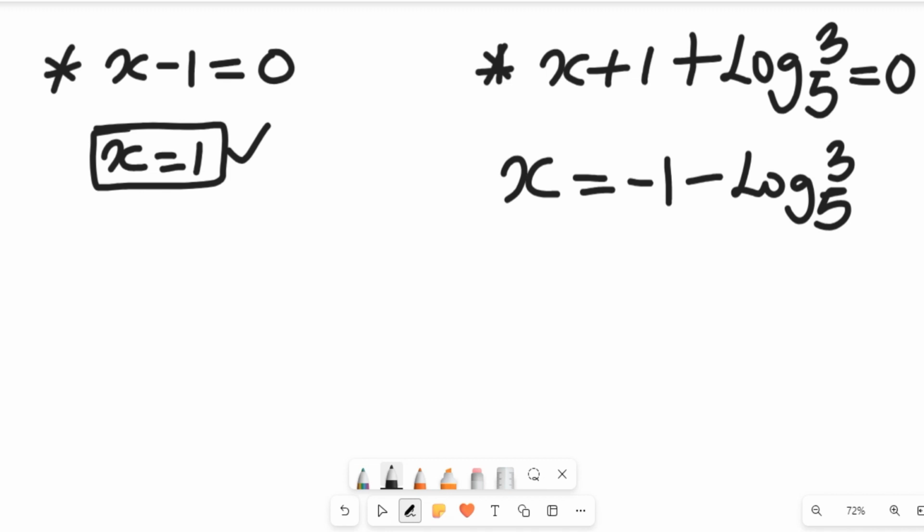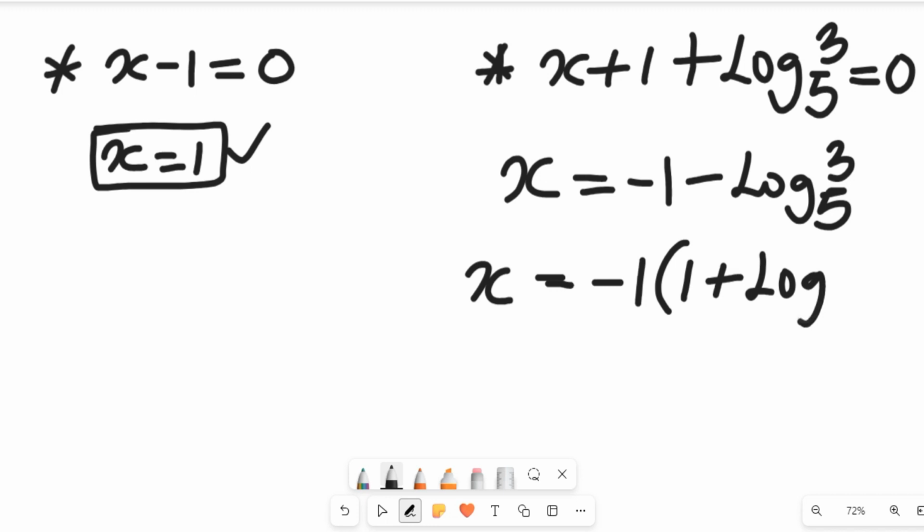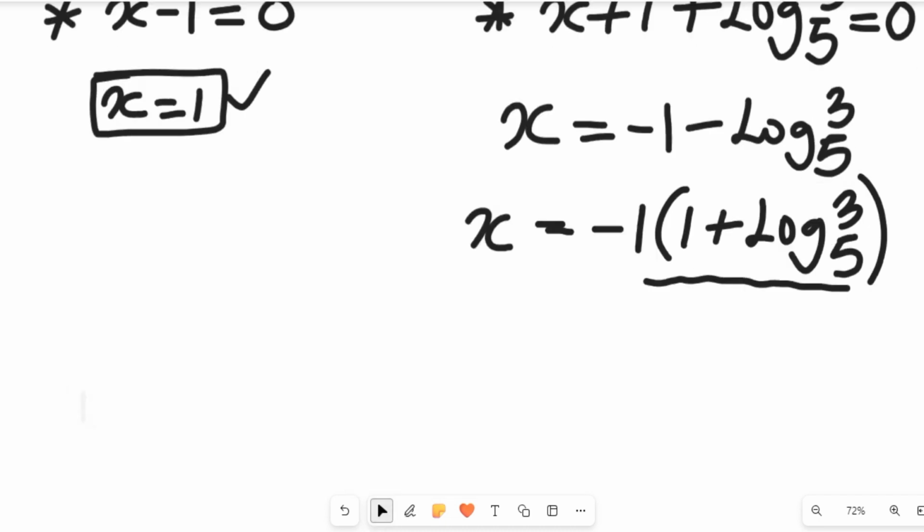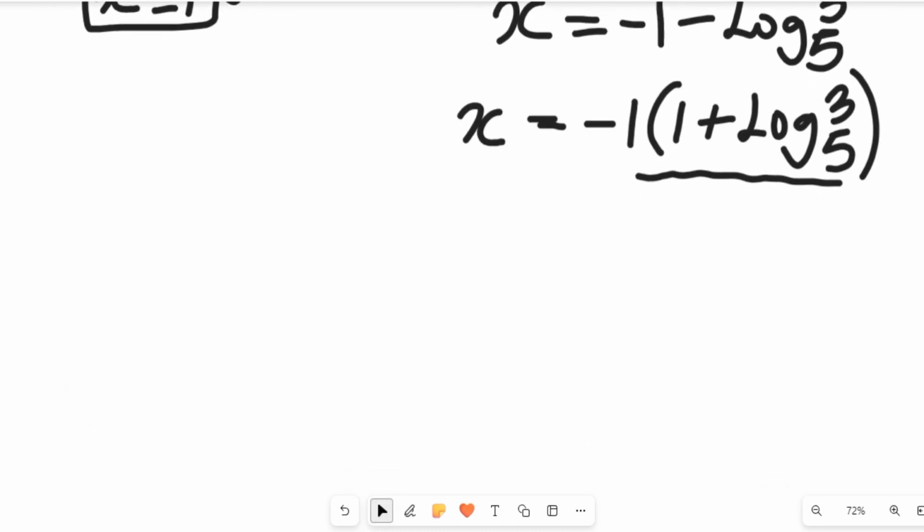Now, if we do that, you're going to find out that the value of x can be equal to minus 1 multiplied by, because 1 is common, 1 plus log of 3 base 5. If you simplify this whole expression, you get the other expression. So that is the value of x.